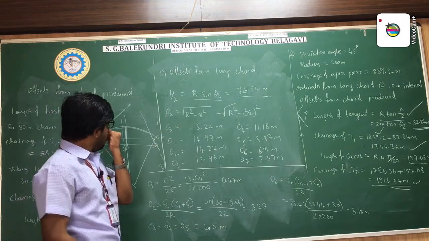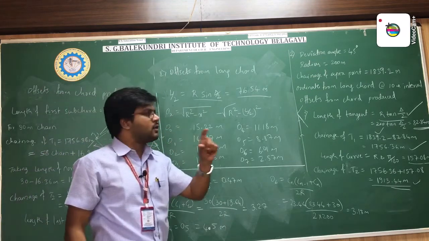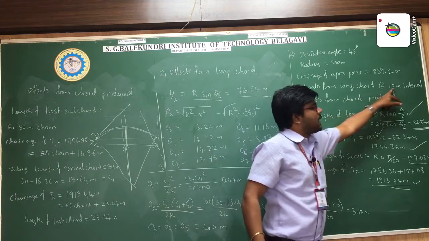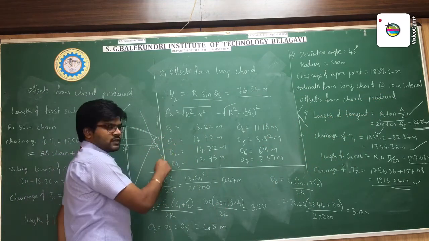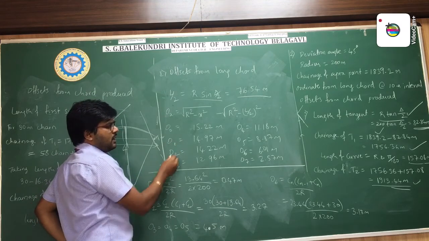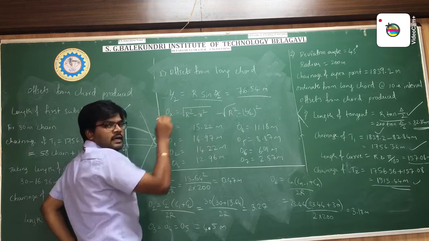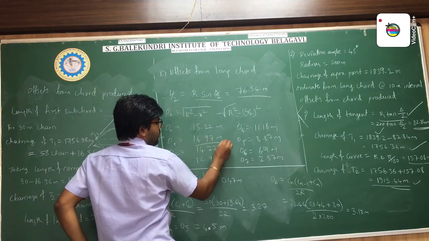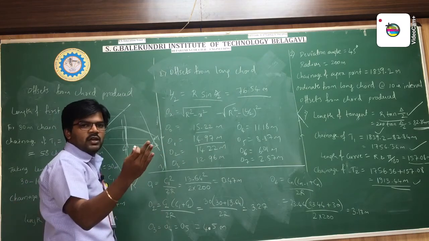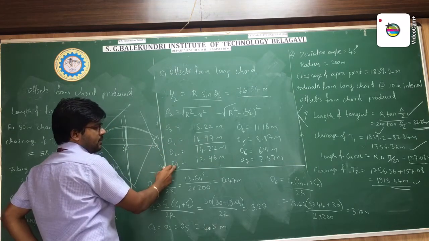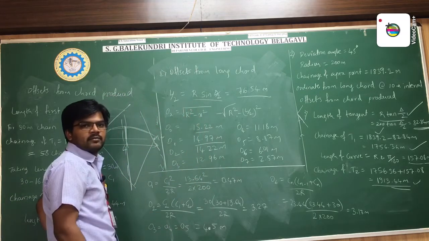In the same way, for the next ordinate interval of 10 meter, that is O10, entering the value of x as 10, you will get 14.97. Similarly, the next ordinates at 20 meter, 30, 40, 50, 60, 70 meter.